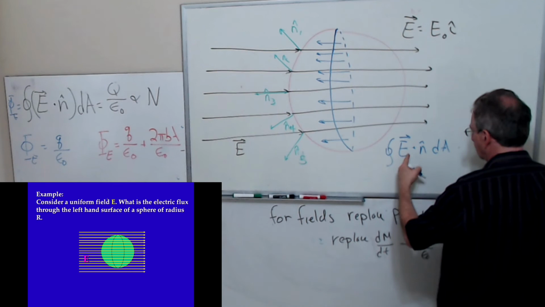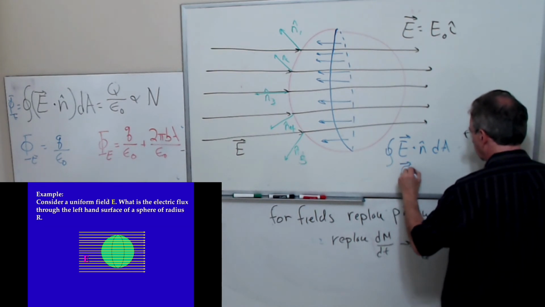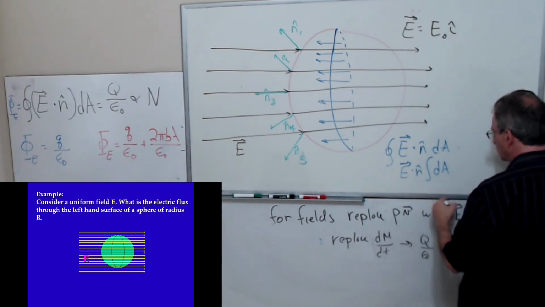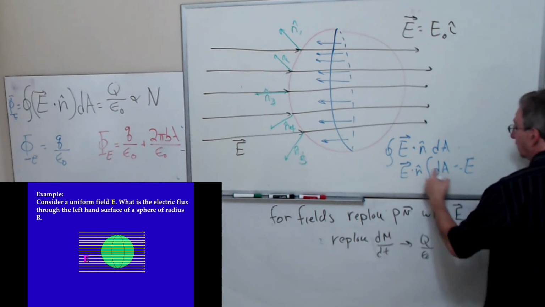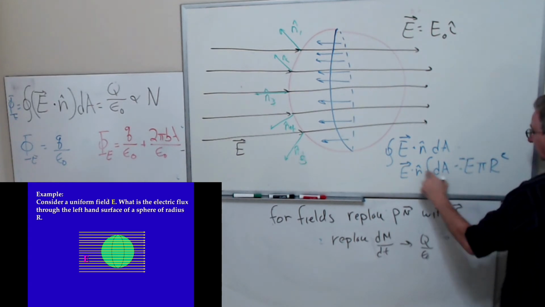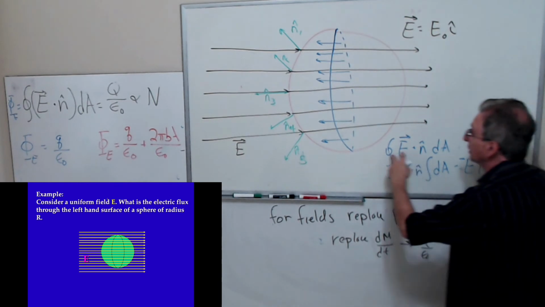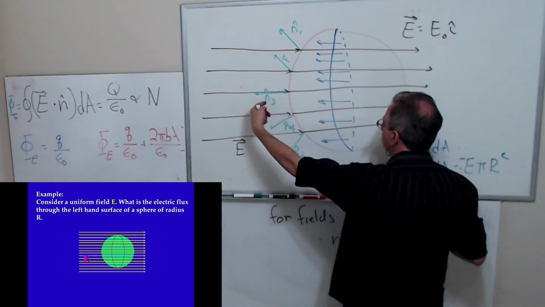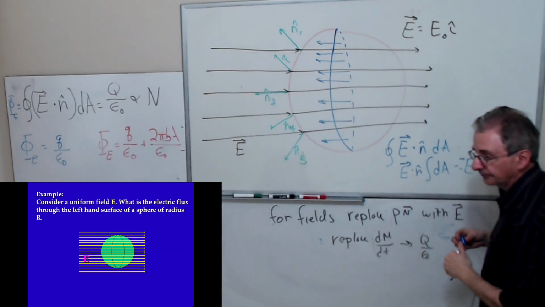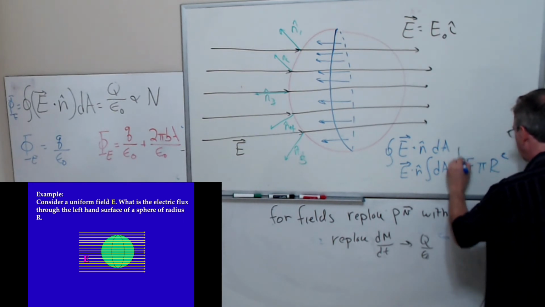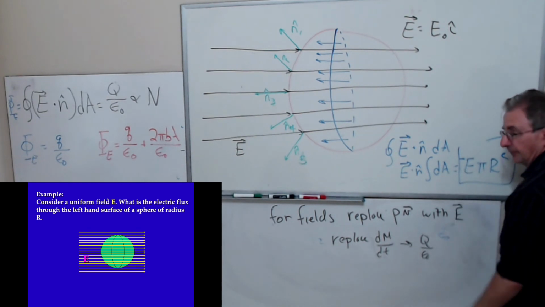Well, this E dot n is constant. In fact, this integral becomes E, and then the area is the area of the great circle, right? It's just the area of the great circle. And I have a negative because these two vectors are in opposite directions. The normal goes that way, and the electric field goes this way because the field lines are entering from the left-hand side. That's it. That's my answer. I'm done.